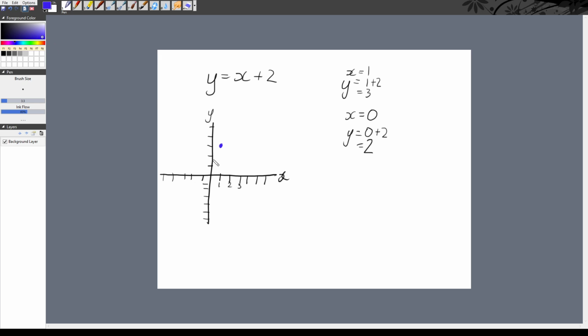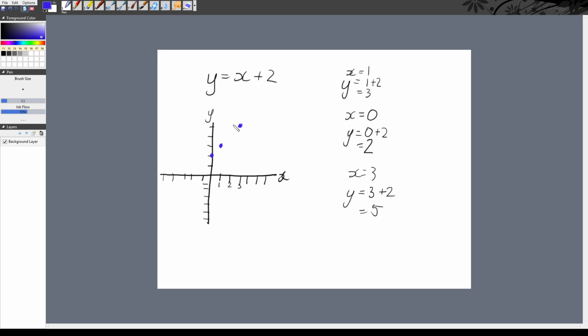So x is 0, y is 2. Now what about when x is equal to 3? So y is equal to 3 plus 2, which is equal to 5. So when x is 3, y is 5. I'm going to go up here.